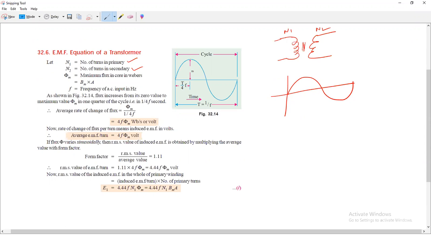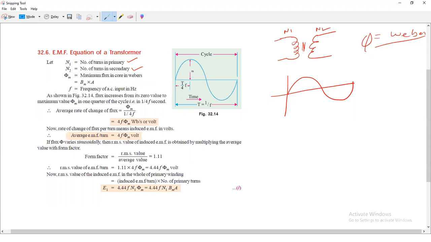This point is the maximum flux. You know that the maximum flux phi m is equal to B m A.